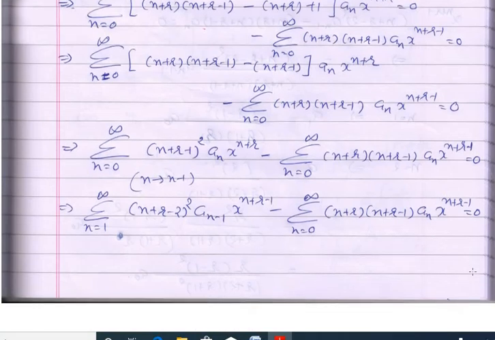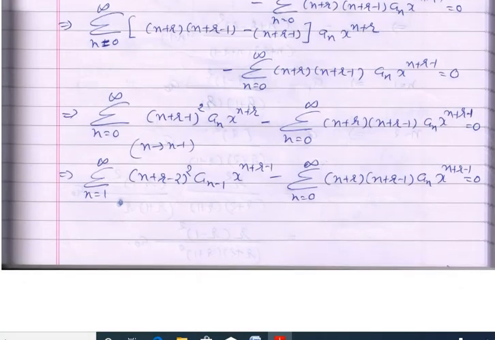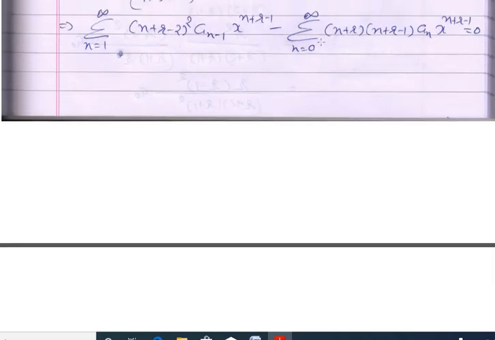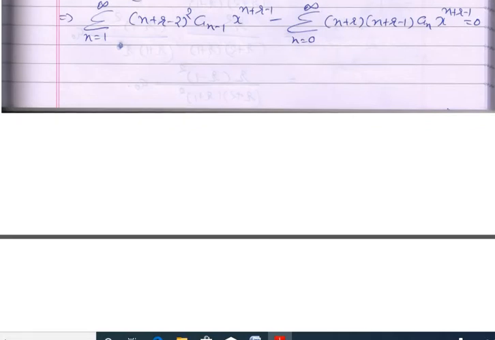Now since both powers are the same, you have to check the index. This index is starting from 1, this index is starting from 0. So in the second one we are going to substitute n is equal to 0, that will give you r into r minus 1 a0.